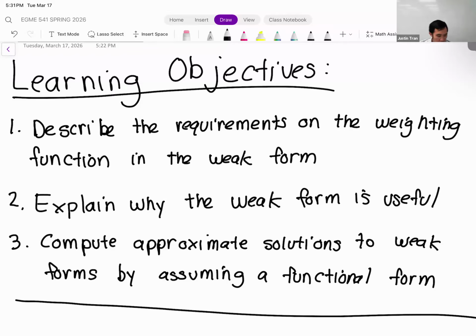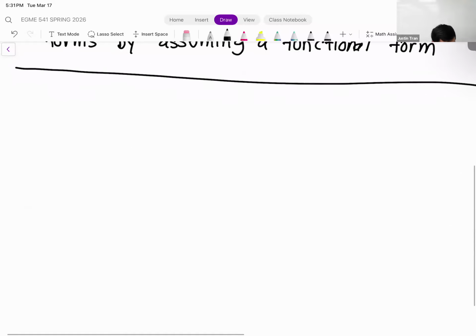Okay, let's go ahead and get started. When we last met, we were talking about this idea of the weak form of a boundary value problem.